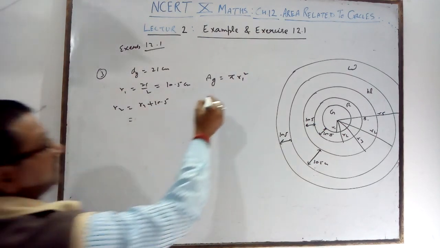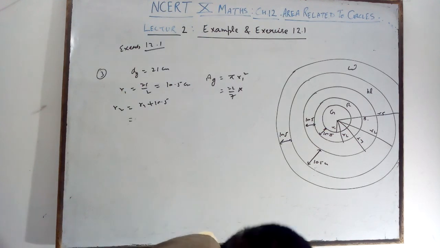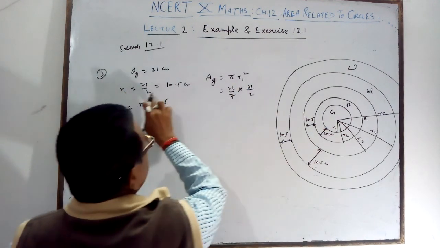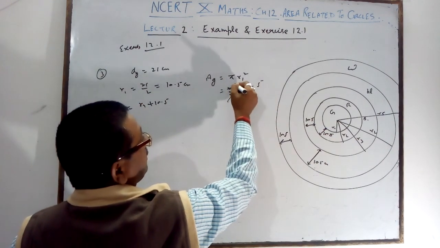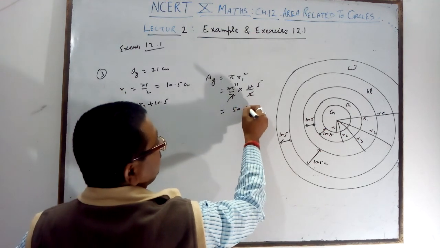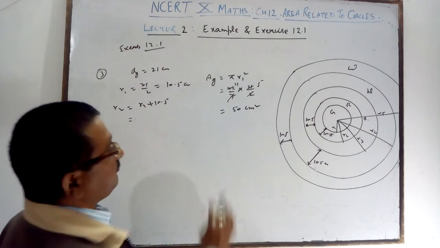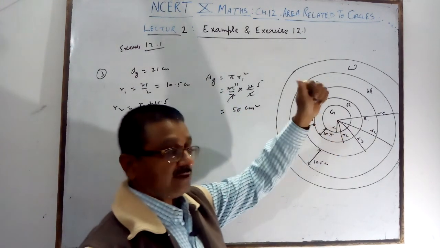Pi value is not given, so you can take 22 by 7, and R is 10.5. 7 5s are 35, 2 11s are 22, so 11 5s are 55 centimeter square is the area of the gold region.